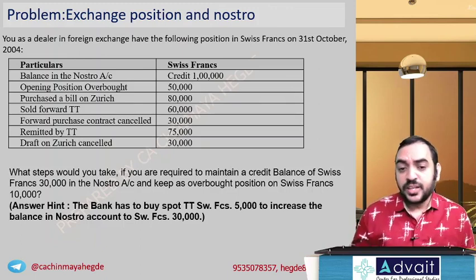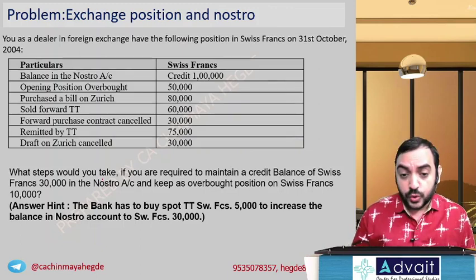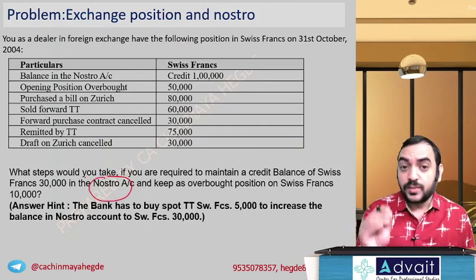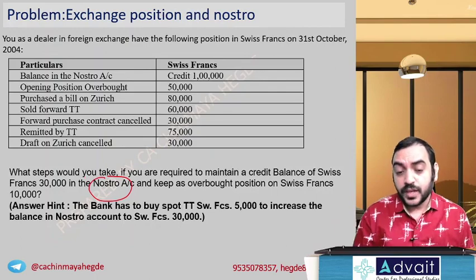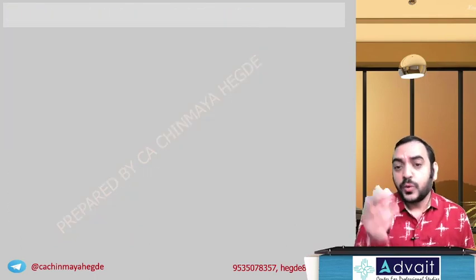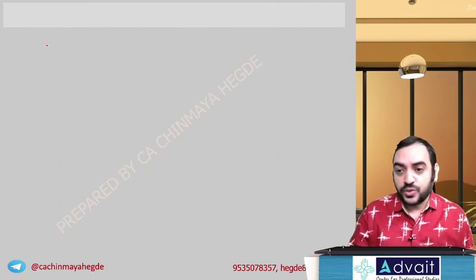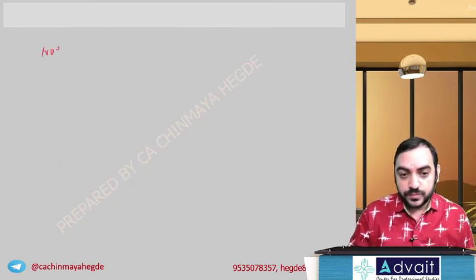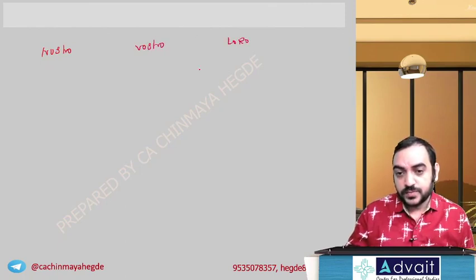Let me quickly tell you the meaning of this Nostro account, and one more term is there, Vostro, and also one more Loro. Problem will be only a Nostro, but quickly I'll tell you the three varieties of accounts you can have. Nostro, Vostro, and Loro account.